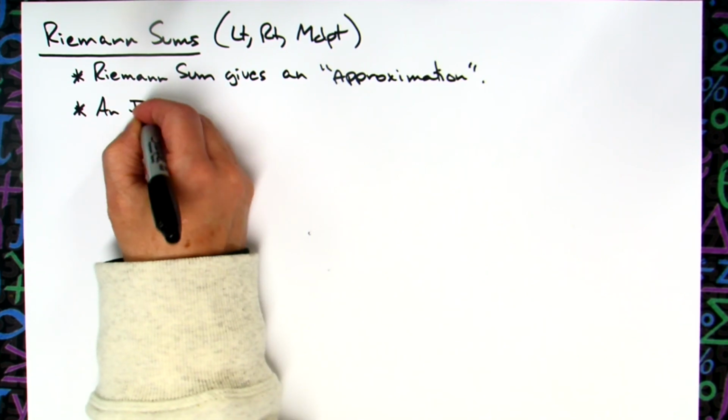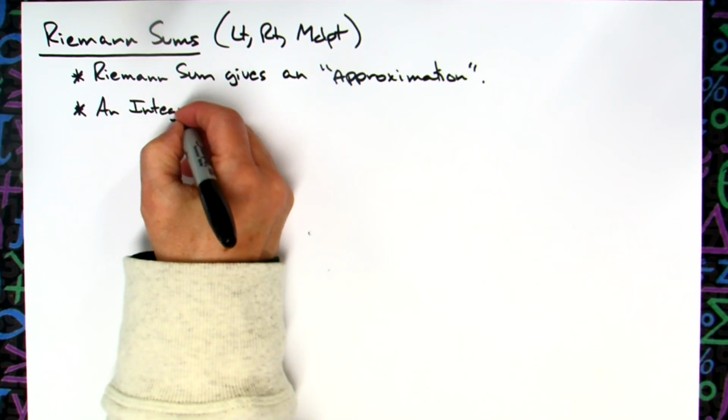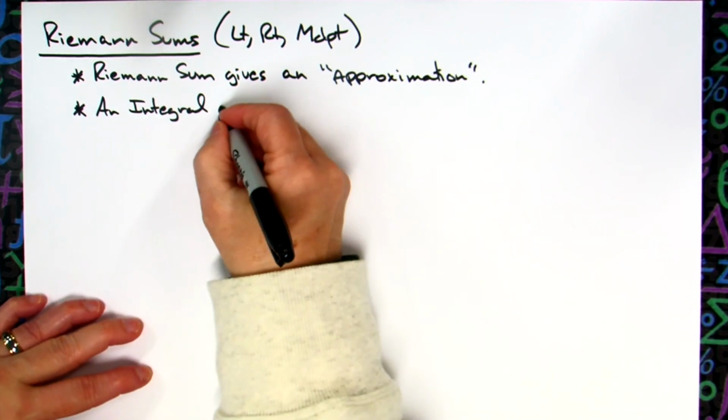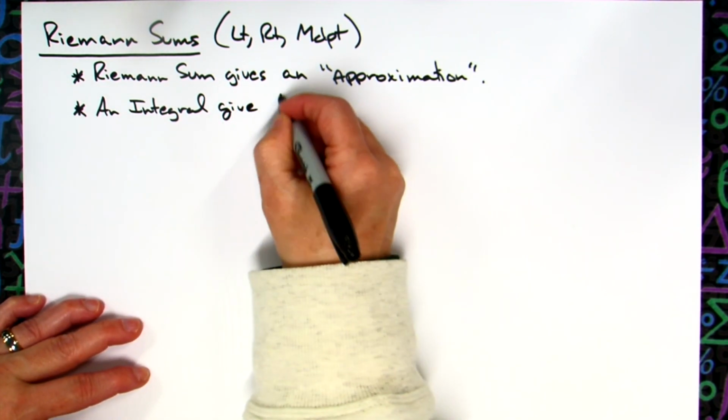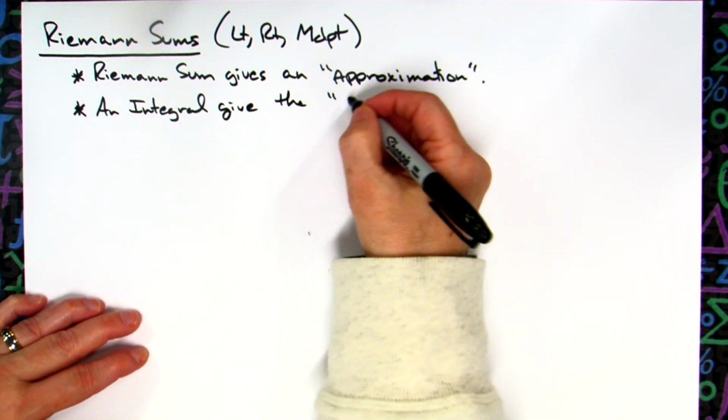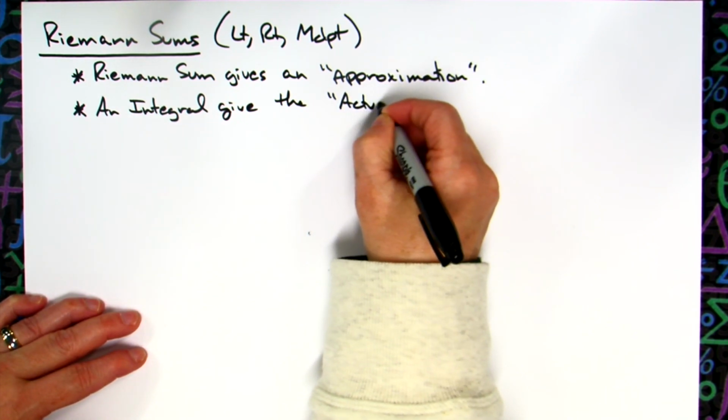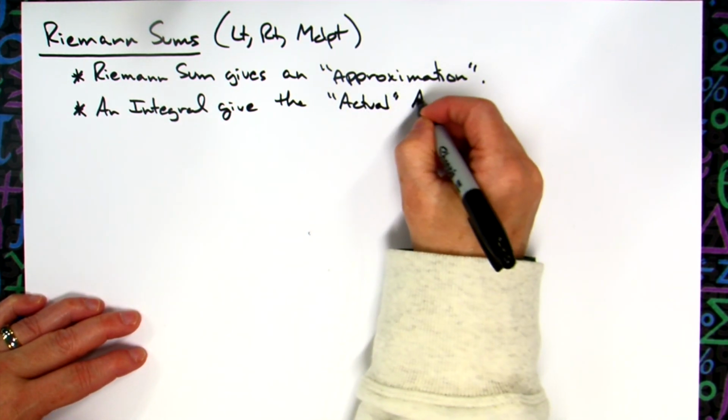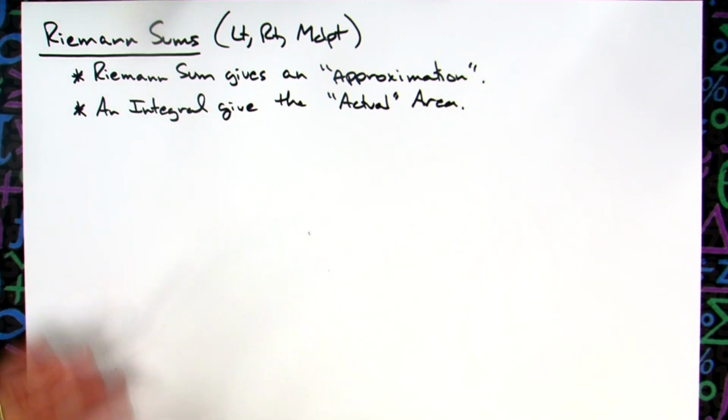An integral gives the actual area. So depending on what the question asks for will determine which one you want to go with. Sometimes it'll very specifically say, use a Riemann sum to estimate the area under the curve.